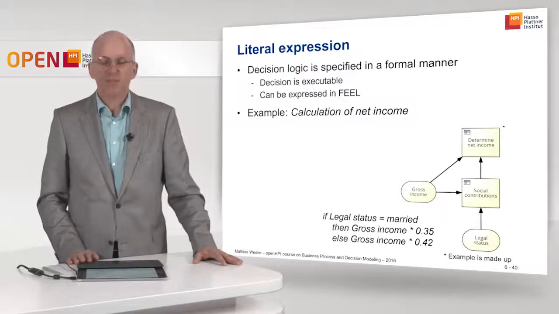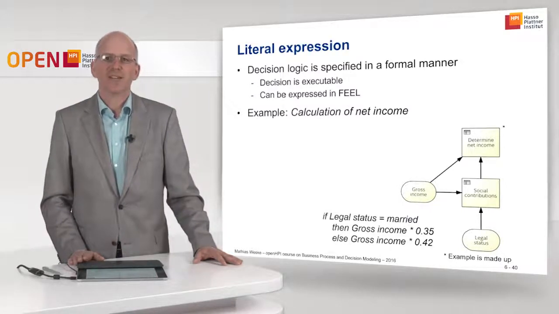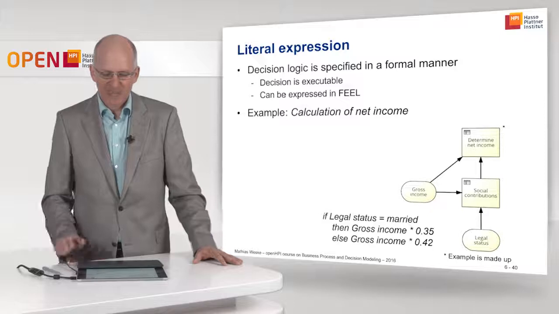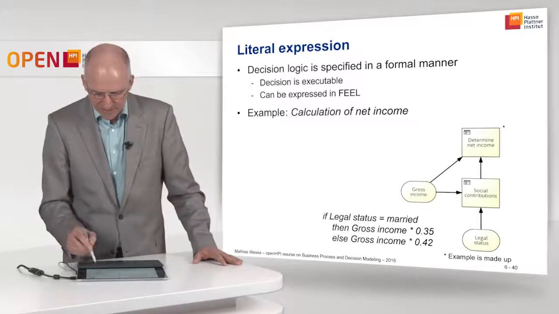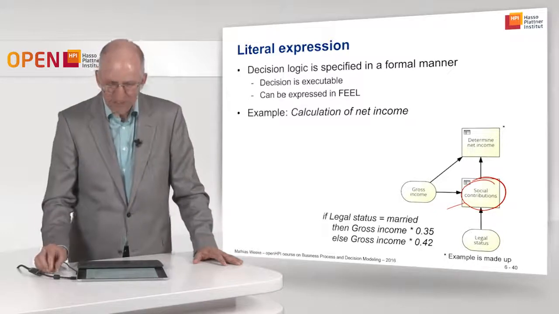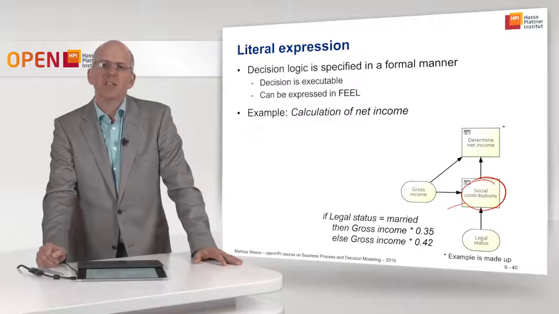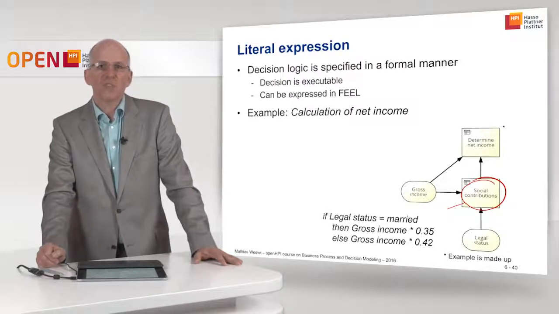I have to say that, of course, the example is made up here. Tax calculations are much more complex than we can show here on this one slide, obviously. Okay, so first let's look at the sub-decision, social contributions. What are the social contributions? Well, social contributions, we see in the decision requirements diagram, is a decision that takes two inputs, that is the gross income and the legal status.